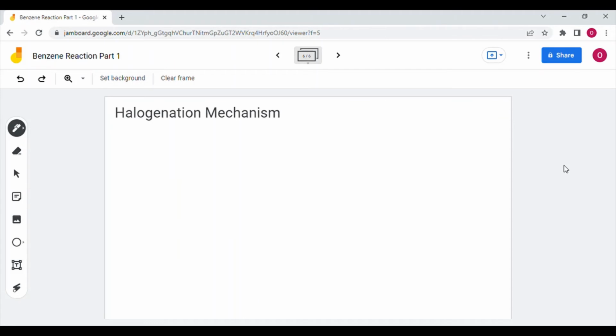As I said, there are 3 main steps to any benzene reaction. The first step is generating your strong electrophile. If we have Cl2 react with FeCl3, this lone pair on the chlorine is going to attack FeCl3, resulting in a molecule that looks like this.